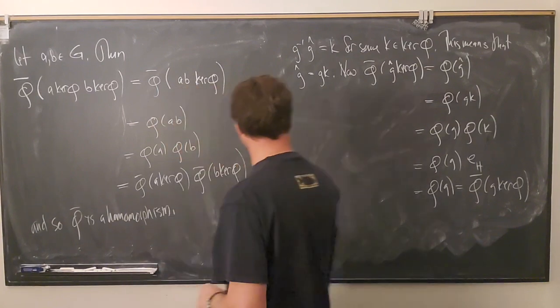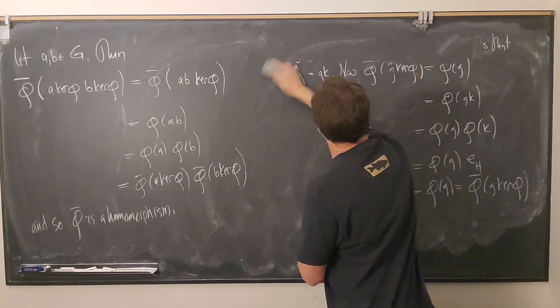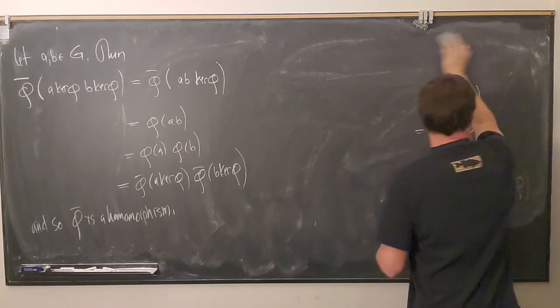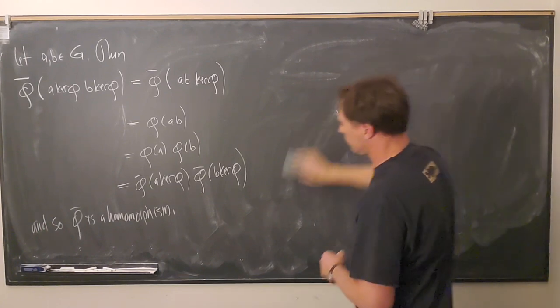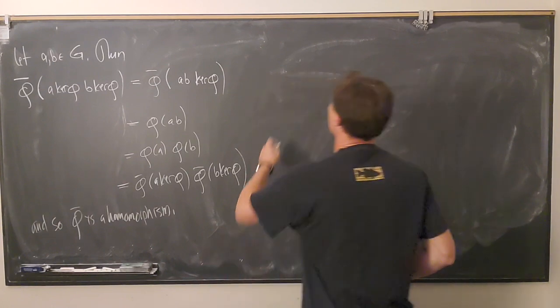So it remains to show one-to-one and onto. And this, by the way, is clearly onto by construction. So let's do the onto part real quick.